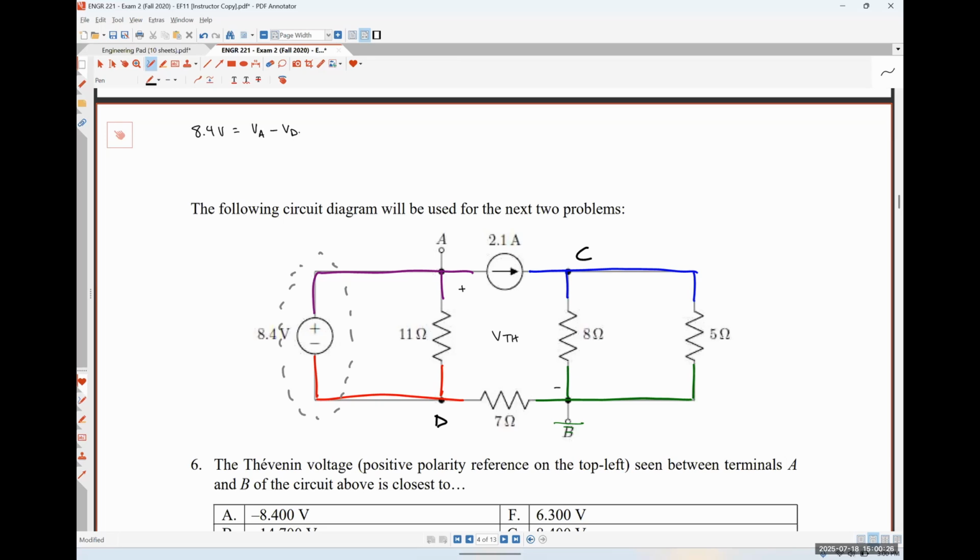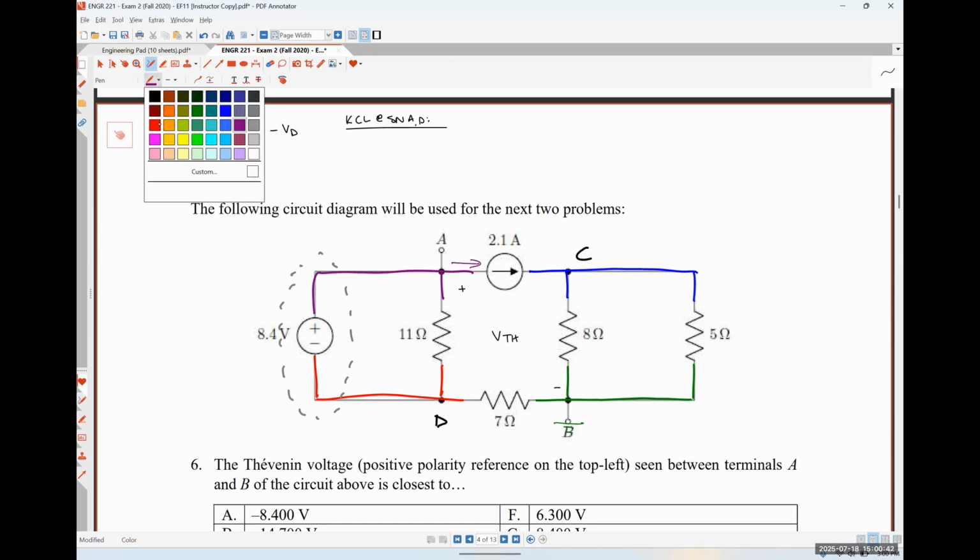And then I'll need to write a KCL equation for supernode AD. So that's going to be this current plus this current. The reason I'm not including the 11 ohm resistor is because we would have a current flowing down through it, but also a current flowing up through it, and they'll cancel each other out.